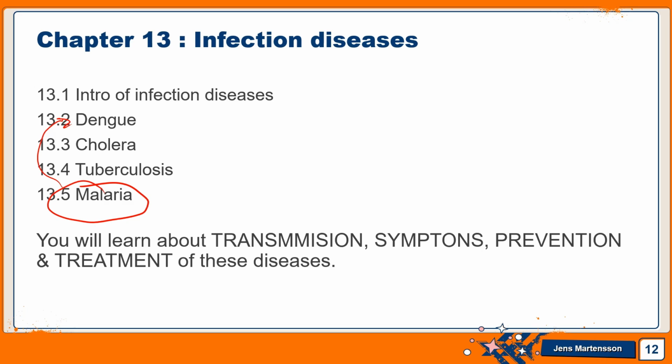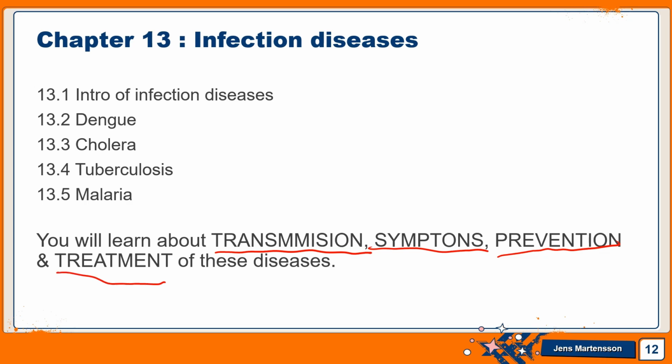So in this chapter, for these 4 kinds of disease, you have to learn about transmission. Macam mana dia spread. Dengue macam mana dia spread to another person. Cholera also transmission. Symptom. If you get this disease, what symptoms do you have? And also prevention. How do you prevent these 4 diseases?